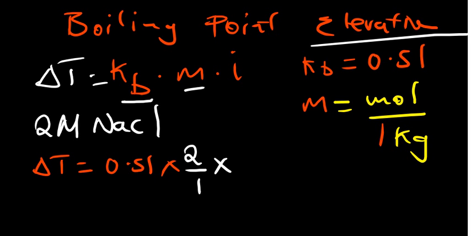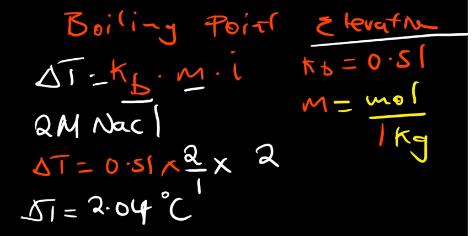Then our Van't Hoff factor is 2. If you get your calculator, 0.51 multiplied by 2 multiplied by 2, what I'm getting for the boiling point elevation is 2.04 degrees Celsius.